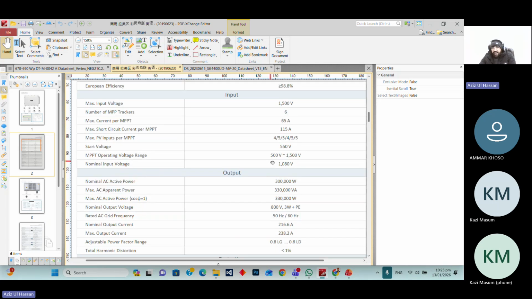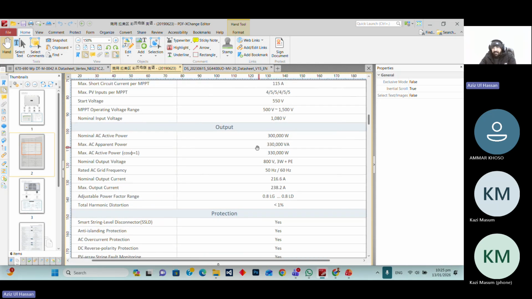Then we have the power of the inverter. Active power is 300 kilowatt, apparent power is 330 kilowatt, and maximum AC active power at power factor 1 should be 330. When your power factor is 1, your active power and apparent power should be equal, because we have the formula: active power is equal to apparent power multiplied by cos theta.